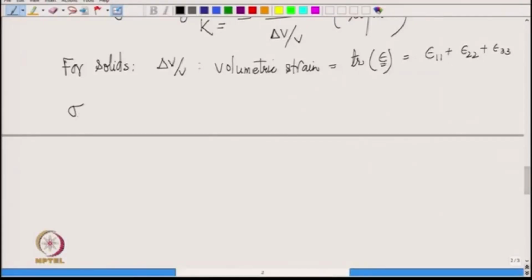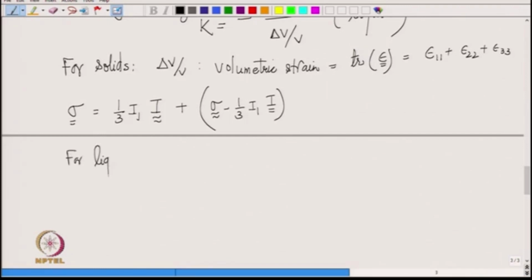So, for solids, the stress sigma, we wrote it as 1/3 of I1, the trace of stress, times identity plus the remaining term, the deviatoric part, and in case of liquids, the stress for liquids, which is in statics, the stress sigma is minus of P times identity, is not it?